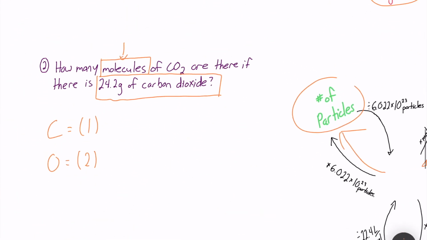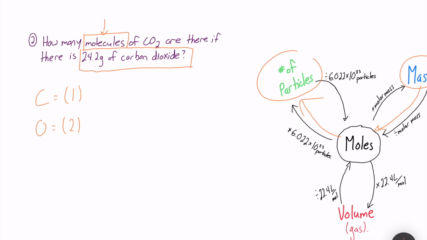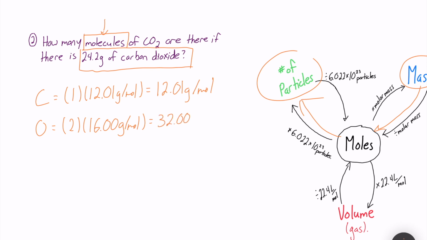So we have, first off, carbon. We have 12.01 grams per mole. And oxygen, if you can remember, we have 16.00 grams per mole. And just notice here we only have 1 carbon, so this is a simple calculation. We have 12.01 grams per mole, and for oxygen we do have 2, so we must multiply 16.00 grams per mole by 2, so we should get 32.00 grams per mole.